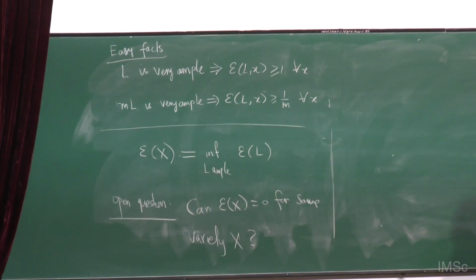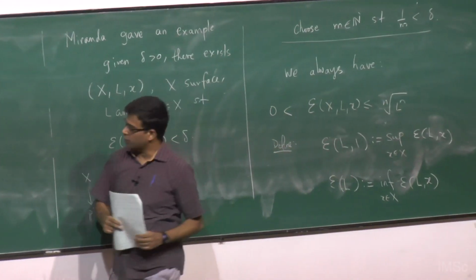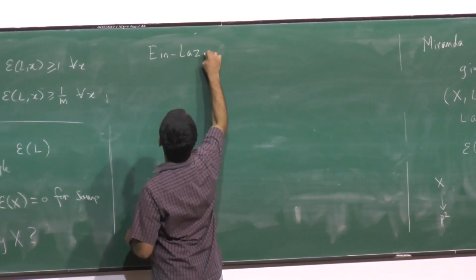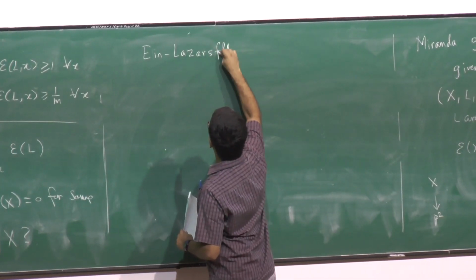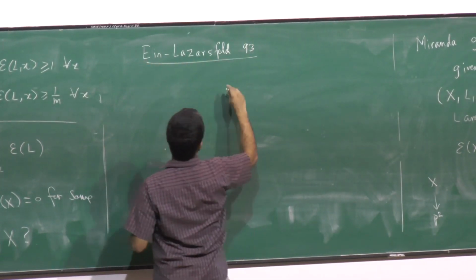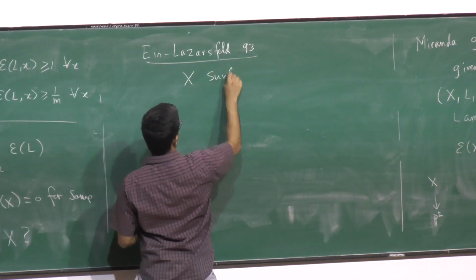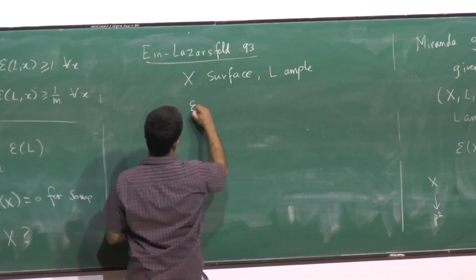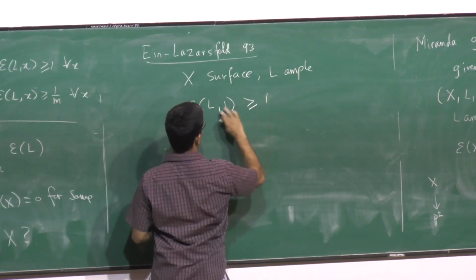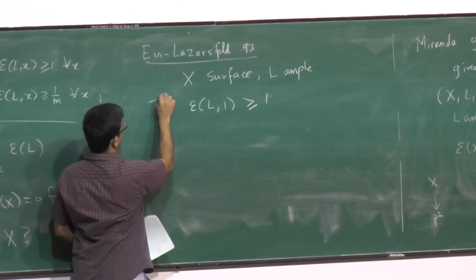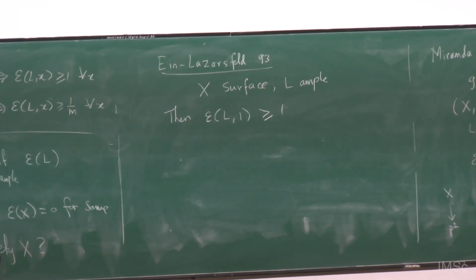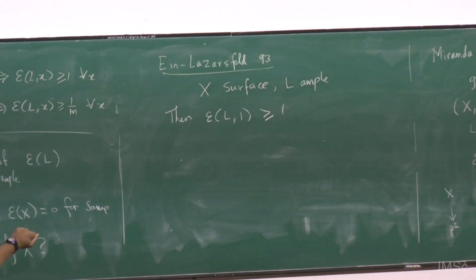So, just to recap, this can be very small. But what about this? In a fundamental paper, Ein and Lazarsfeld, in '93, showed that when X is a surface, so this is important to assume now, Miranda's example came later, I think, or around the same time.